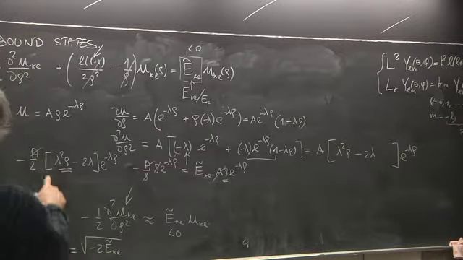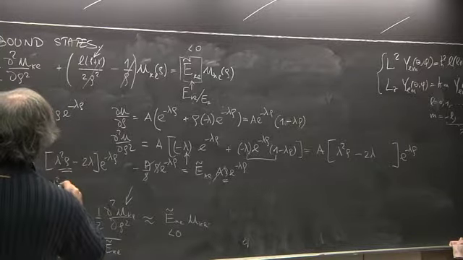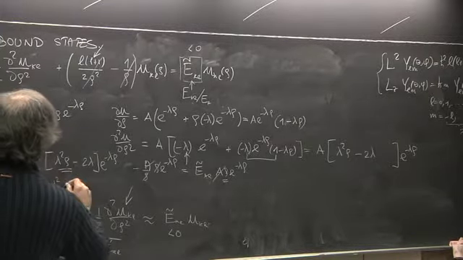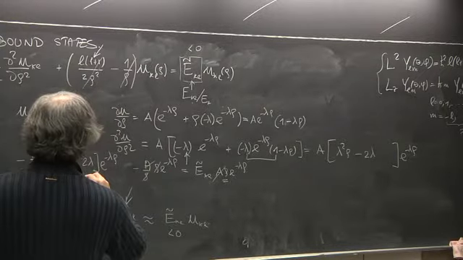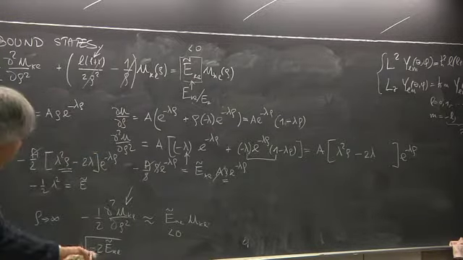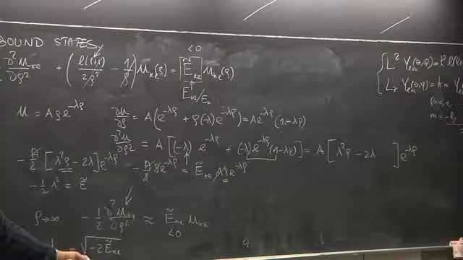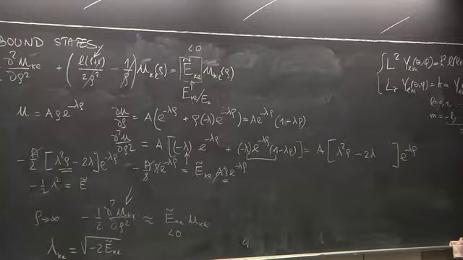Well, you see, when minus 1/2 lambda square is exactly equal to the energy, right? Which is, again, this condition, okay? So you see, once again, reinforce the thing that lambda is not arbitrary, it is tied to the energy. Okay, so this, we give it.